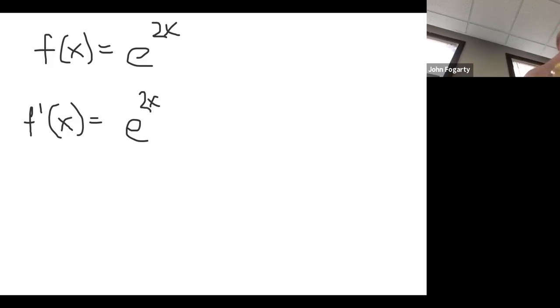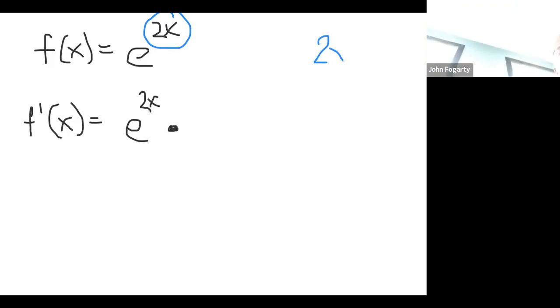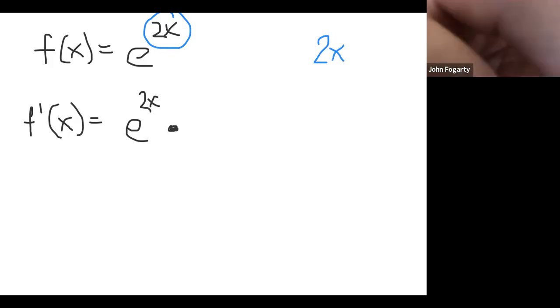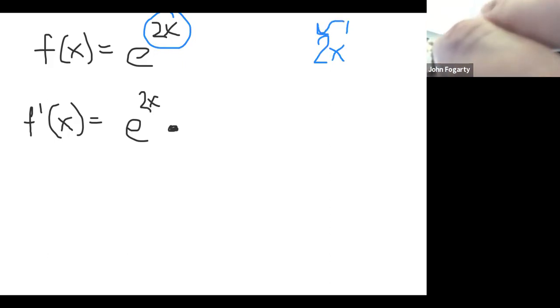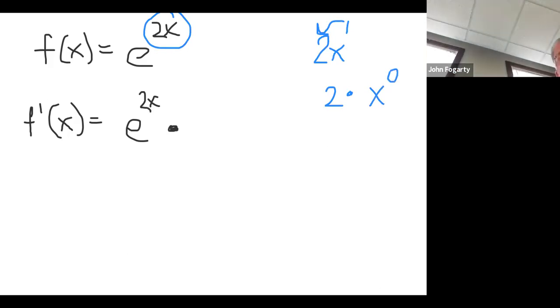To that, you're going to multiply the derivative of the exponent. So if I had just given you this and said, what's the derivative? Well, 2x to the first, 1 comes out. That's 2 times x to the 0, what's anything to the 0? 1. What's 2 times 1? 2.